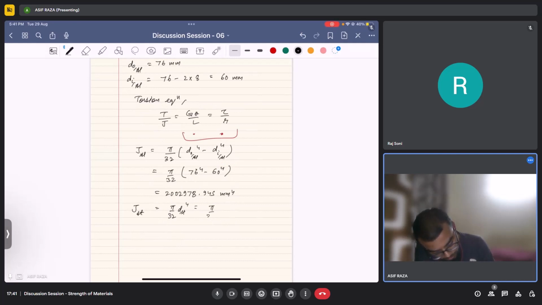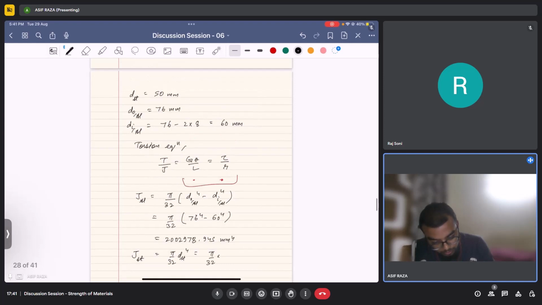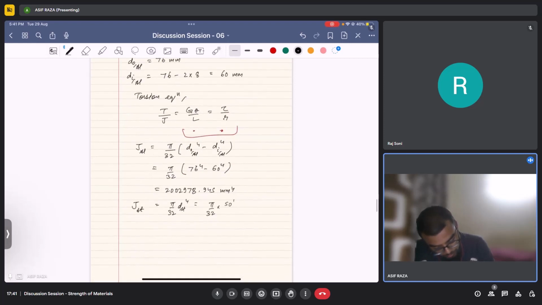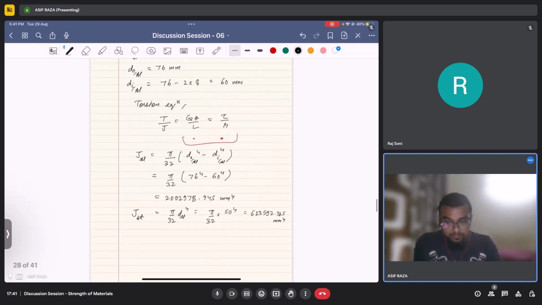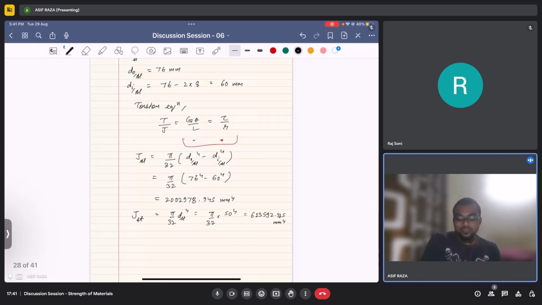That would be equal to pi by 32 into 50 to the power 4, and it will come around 613592.315 mm to the power 4. Okay, so two things have been calculated.